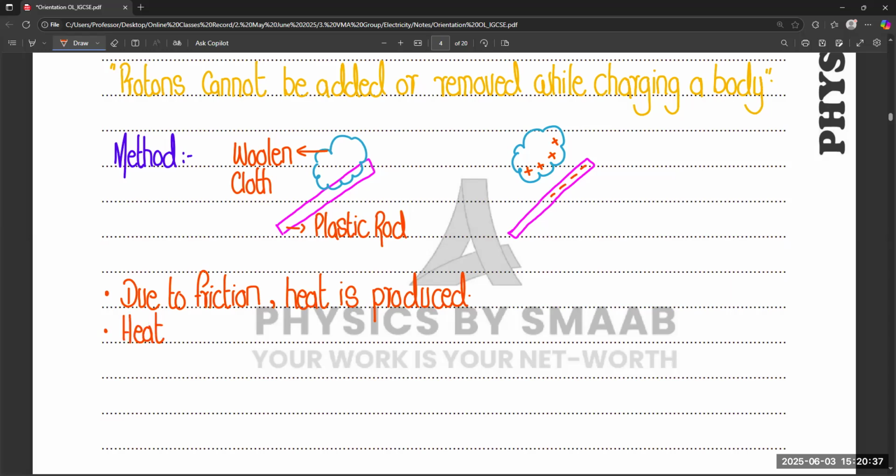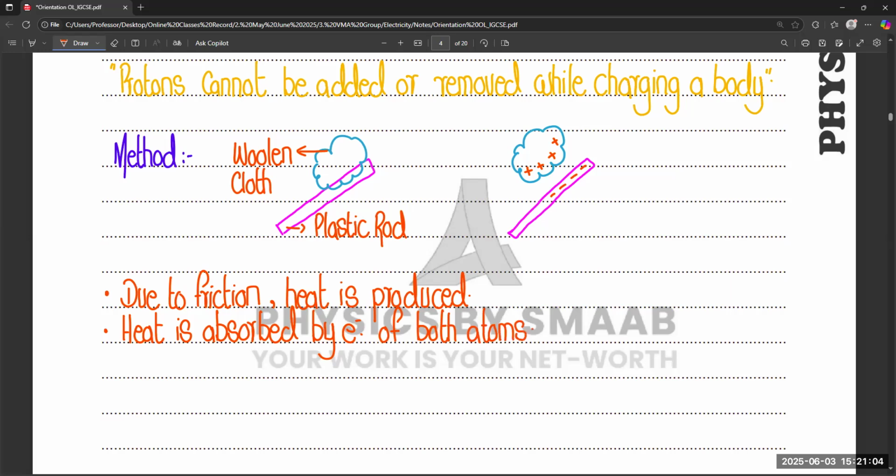So this heat is absorbed by electrons. So now the electron gets energy from the thermal energy formed of both atoms.